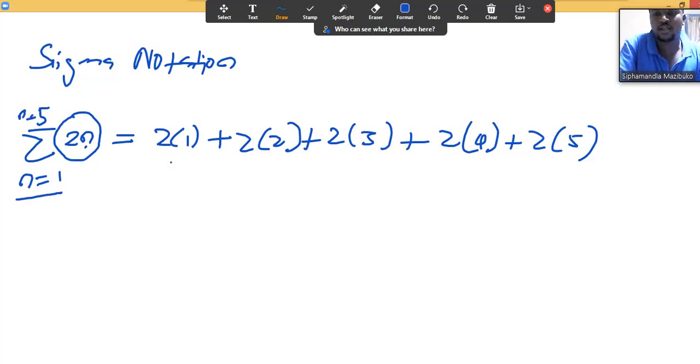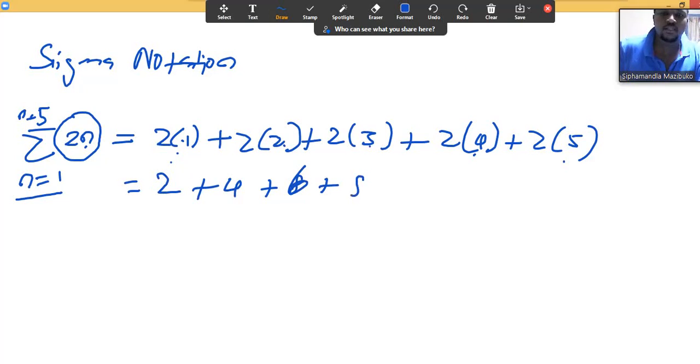We substitute 1, then 2, 3, 4, 5, and sum. This can be 2 plus 4 plus 6 plus 8 plus 10.